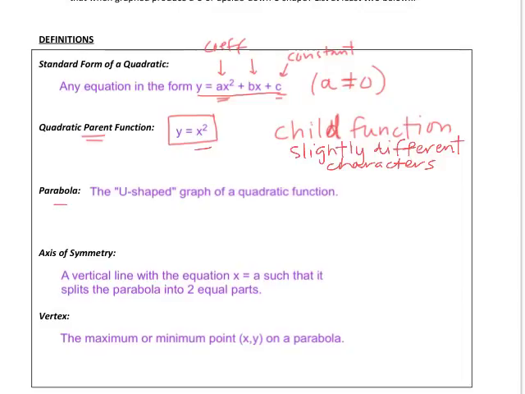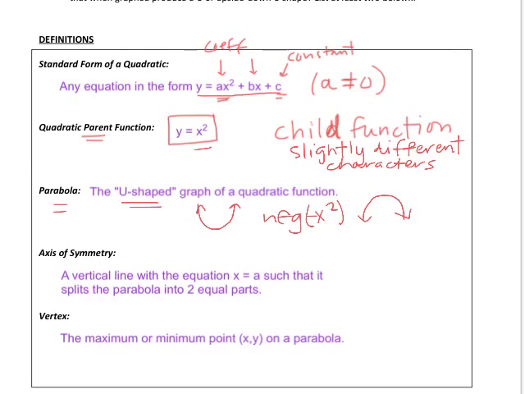A parabola, as I already mentioned, is a U-shaped graph of a quadratic function. So again, if it's a positive x squared, it's going to look like this. If it's a negative, let's go ahead and write that, negative x squared, so it's like this, we're going to have one that's upside down. So that kind of gives it away that it's a negative quadratic function. And when we take a look at the axis of symmetry, it's a vertical line, and I mentioned this at the top of the paper there.